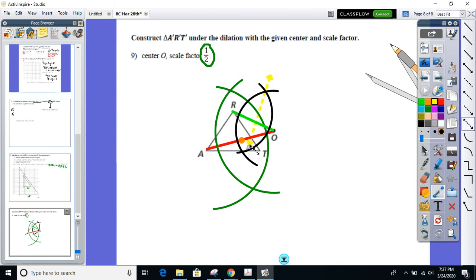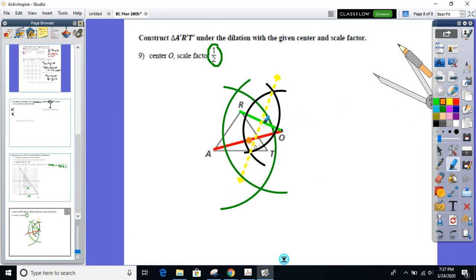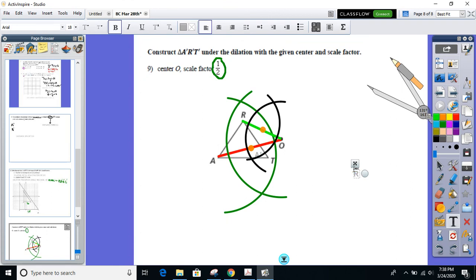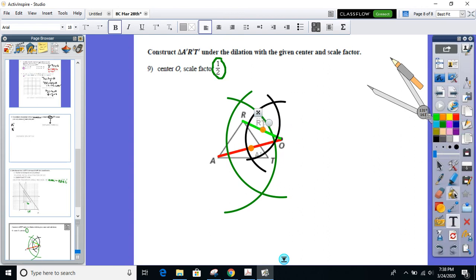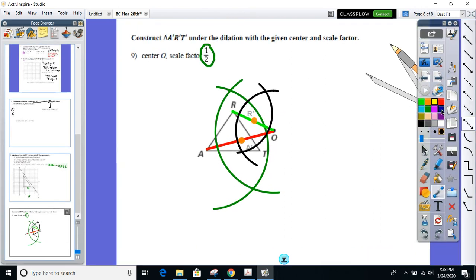I am going to just draw the full line in because I don't have the luxury of a straightedge. Mark that point, and there's R prime. Oh, T is going to be a close one, huh?